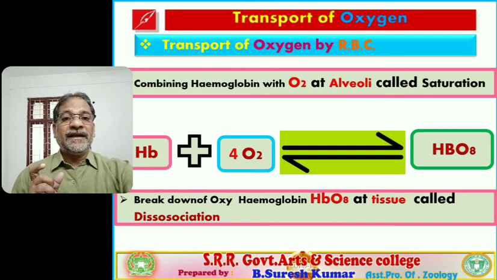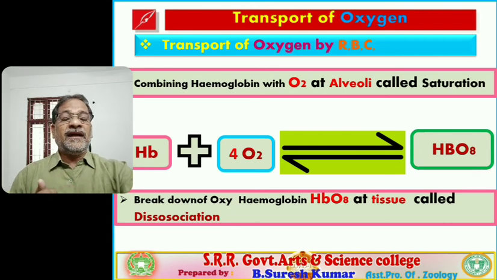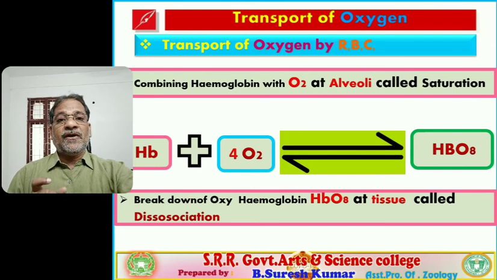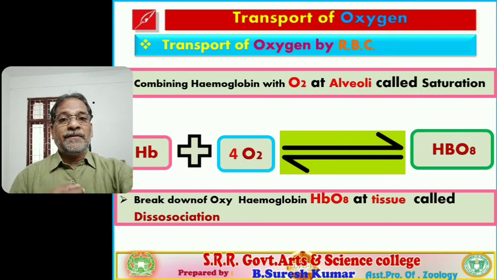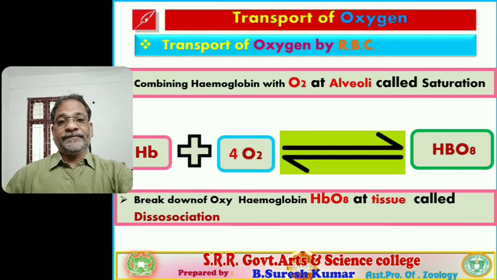Saturation takes place at the alveoli and dissociation takes place at the tissue. In saturation, oxyhemoglobin is formed. In dissociation, the oxyhemoglobin molecule breaks down and again gives rise to hemoglobin and oxygen molecule. Such oxygen molecule is delivered to the tissue.